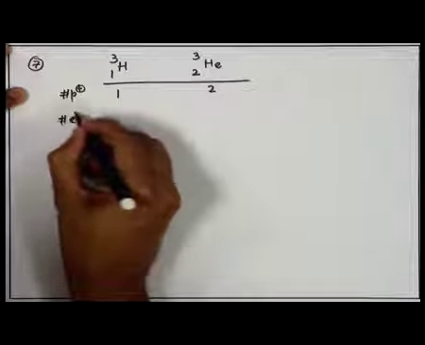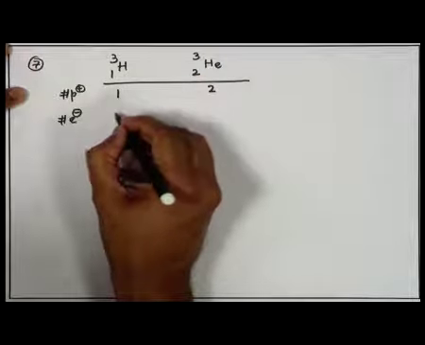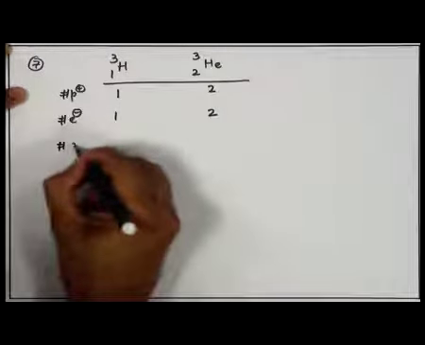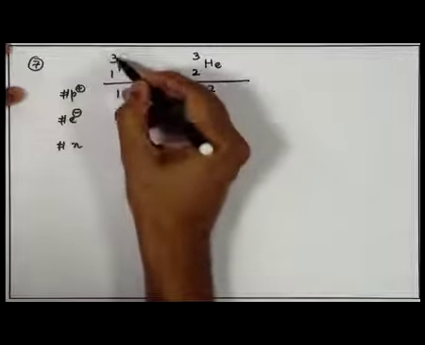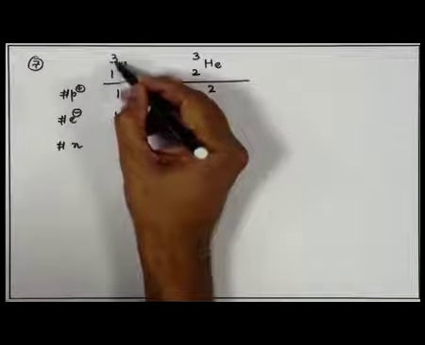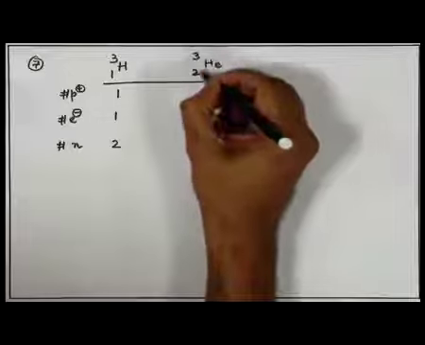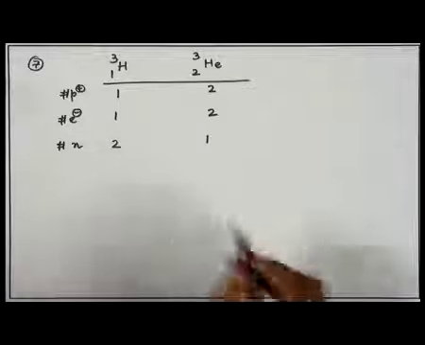Number of electrons: both are neutral. So, therefore, the number of electrons must be equal to the number of protons in each case. And number of neutrons: in this case, the mass number is 3. So, 3 minus 1 is 2. In this case, the number of neutrons is 3 minus 2, which is 1. So, the numbers of neutrons are 2 and 1.